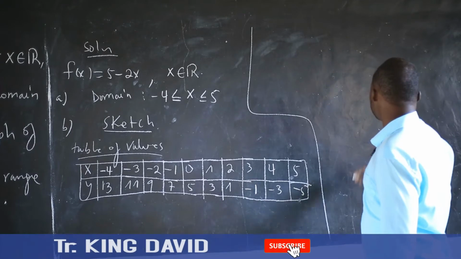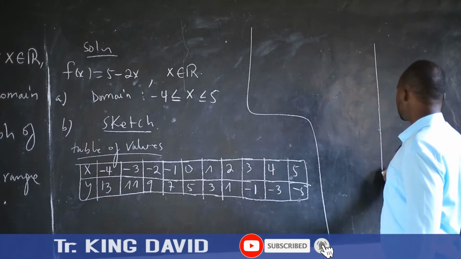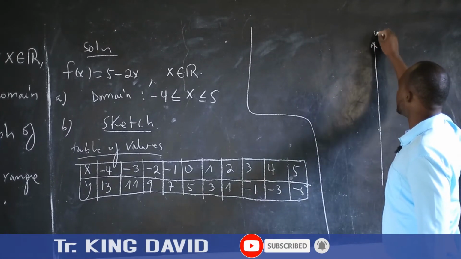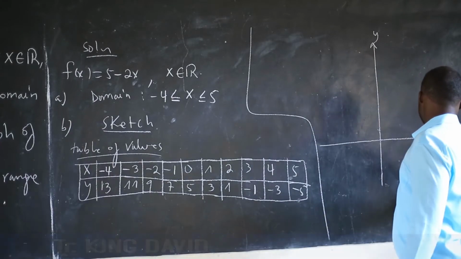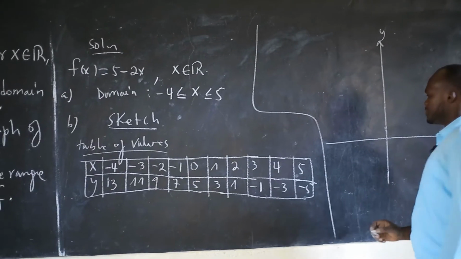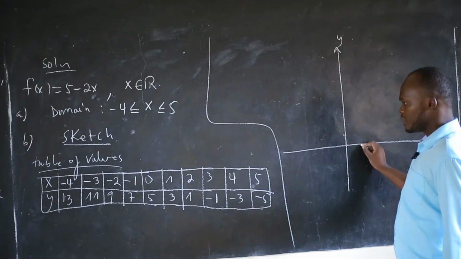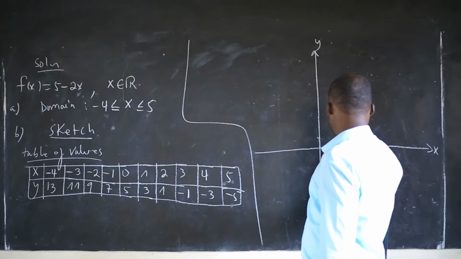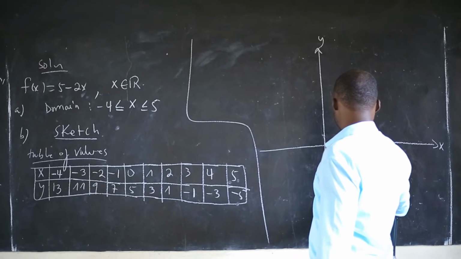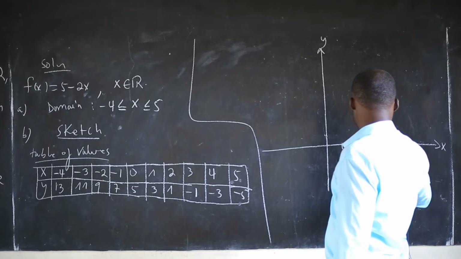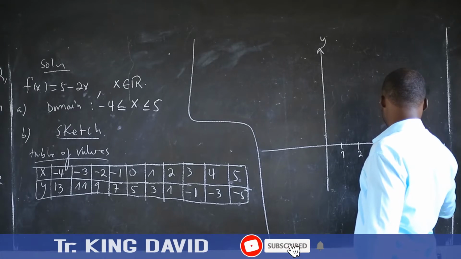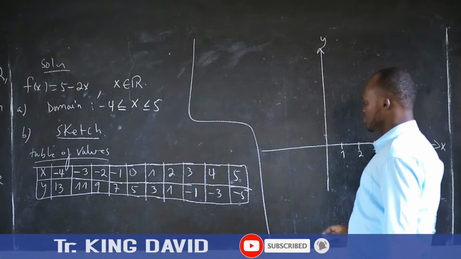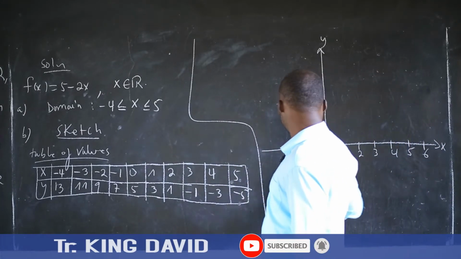As we're going to sketch, we have the y-axis and the x-axis. On the x-axis, the biggest value is 5, so 1, 2, 3, 4, 5, then 6, because the biggest value is 5 in the positive direction.